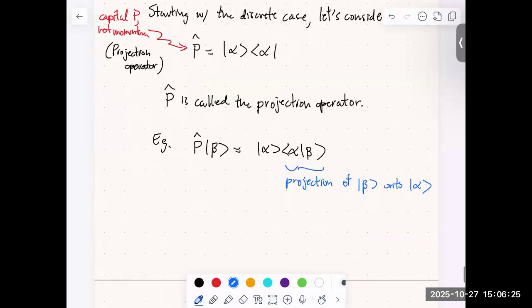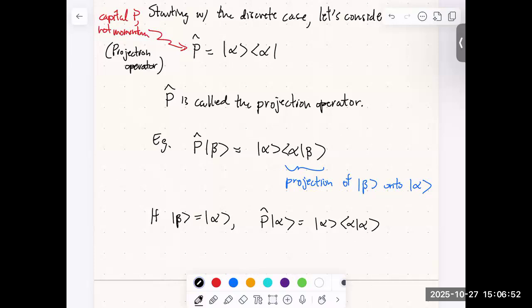Okay, so let's think about that. If beta was equal to alpha, then our P hat acting on beta would be the same as P hat acting on alpha, but that would just be alpha times the inner product of alpha with alpha.